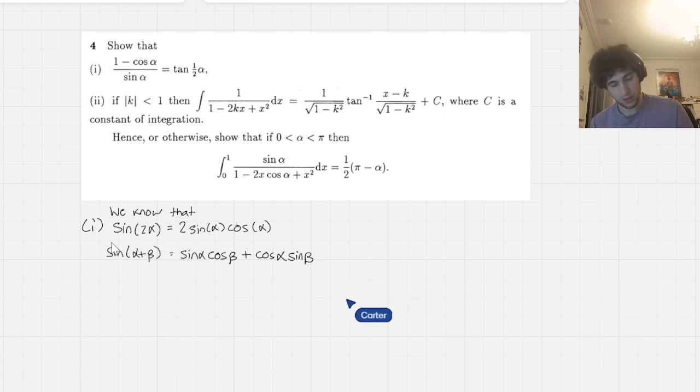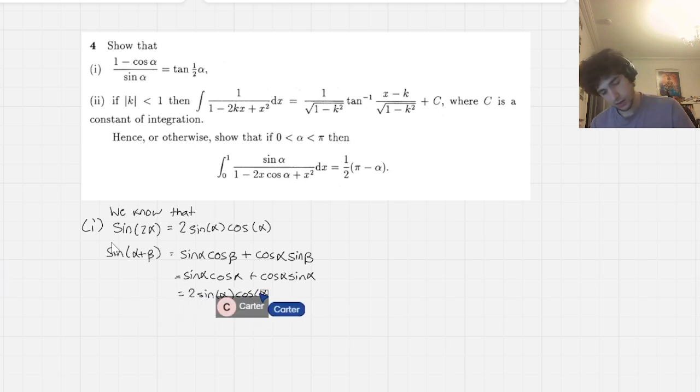When you let beta equal alpha, this is just sine alpha cosine alpha plus cosine alpha sine alpha, which is clearly 2 sine alpha cosine alpha. So that's how you can derive it.